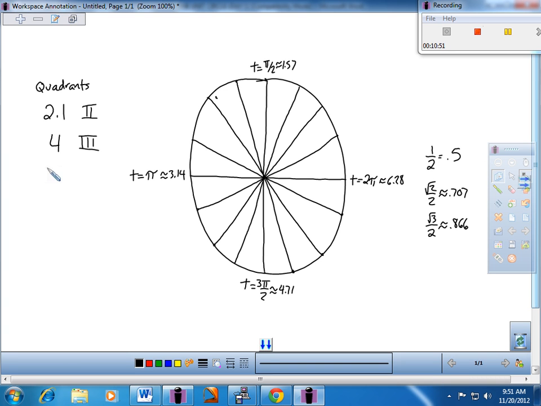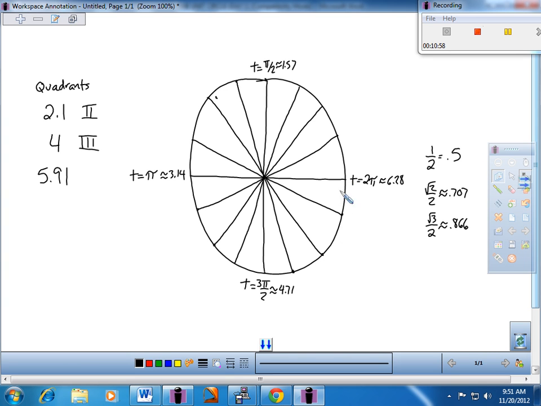How about this one? What if I asked you where 5.91 units were on the unit circle? Again, I'm just making numbers up, to be honest. T can be any number. So what if t is 5.91? Where would you be? Well, based on our breakup here, 4.71 is here, 6.28 roughly is here.